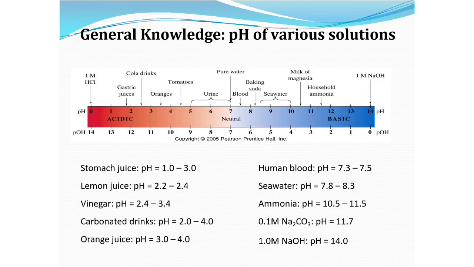Here are some common juices and common things with their pH. Stomach juice is about pH 1 to 3, and human blood is about 7.3 to 7.5. Lemon juice is 2.2 to 2.4, and so on. I'll not go through all.